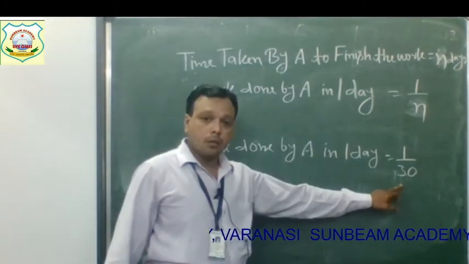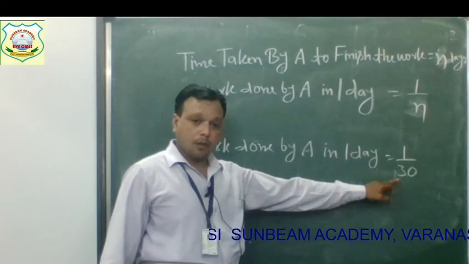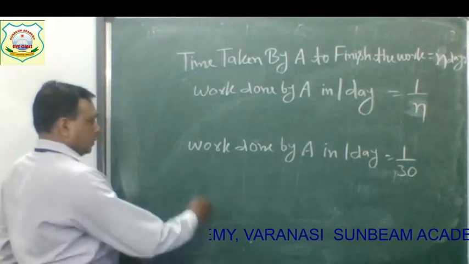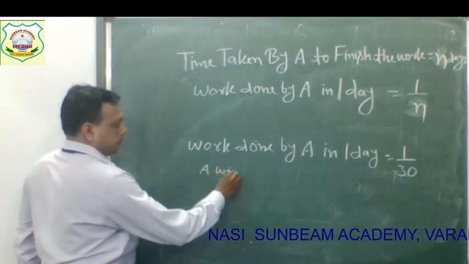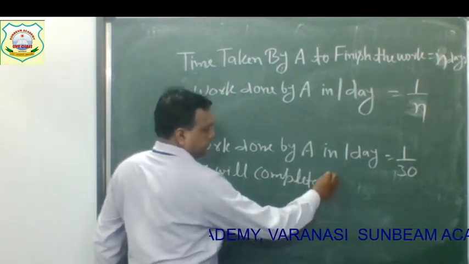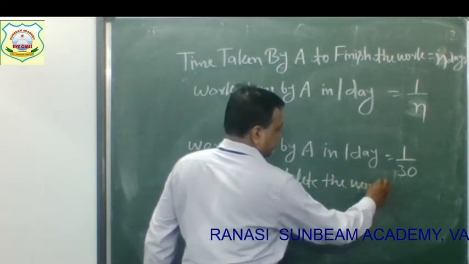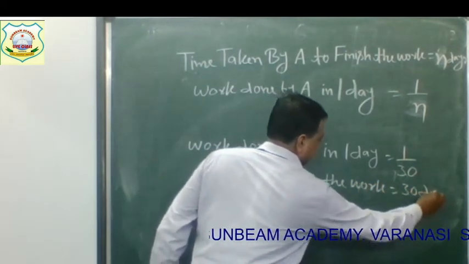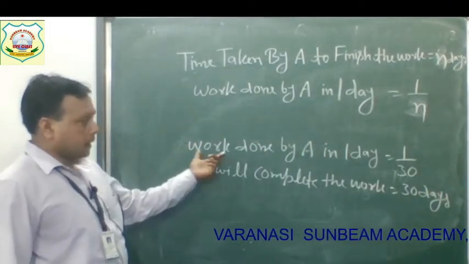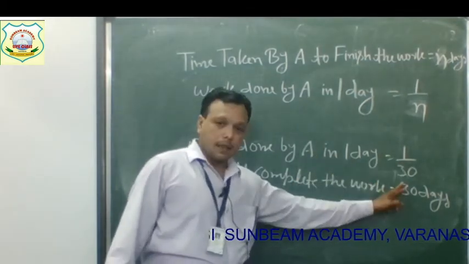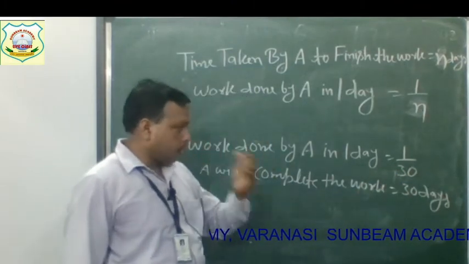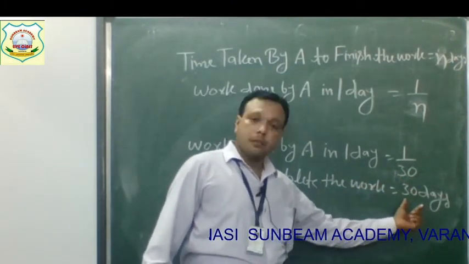What number of days will A take? 30 days. So A will finish the work in 30 days. If the work done by A in 1 day is 1 upon 30, then to complete the work it takes 30 days. If instead of 1 upon 30 we have 1 upon 50, then it will be 50 days.